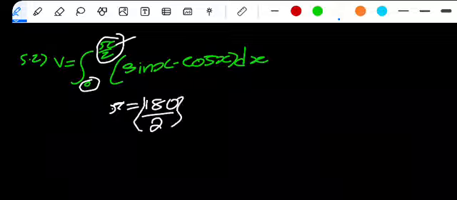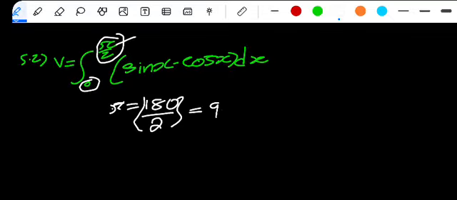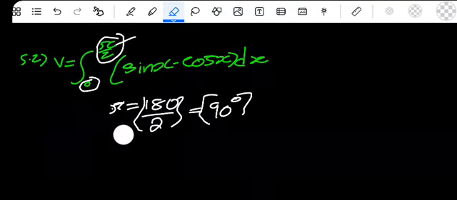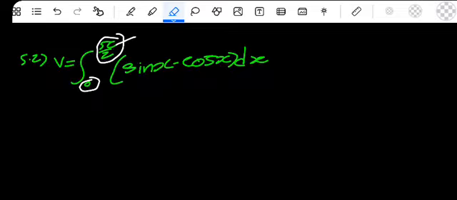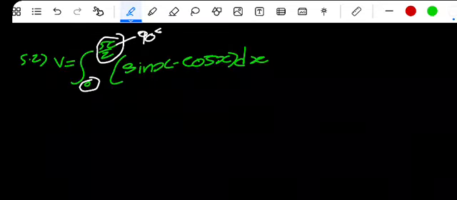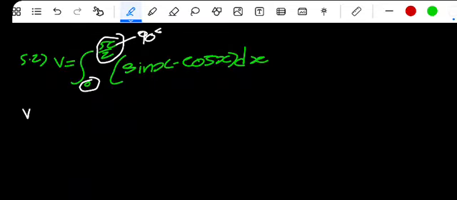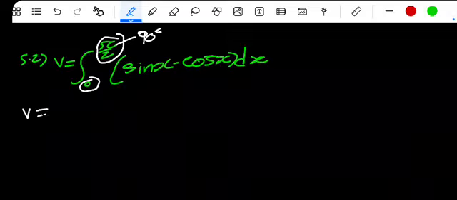Obviously, this will simply equal 90 degrees. So you must note that it is 90 degrees. So we have our v there, the one that we want to determine.